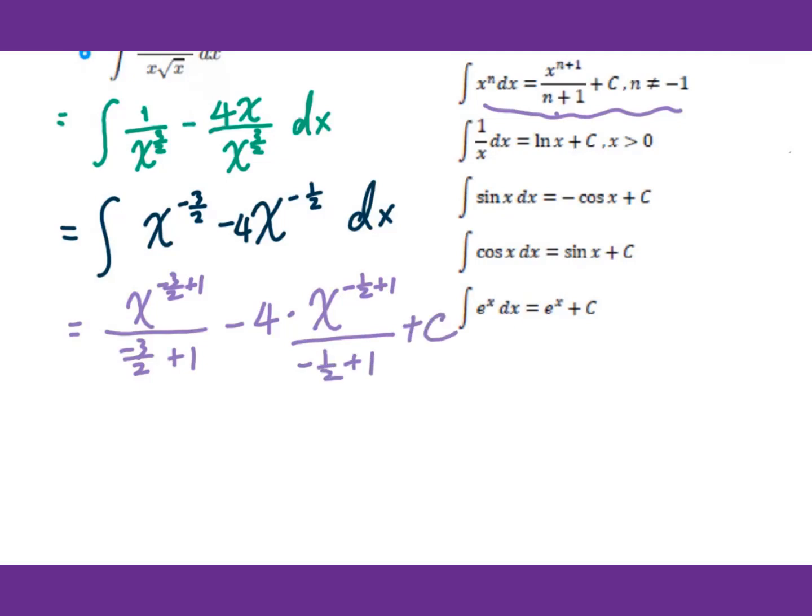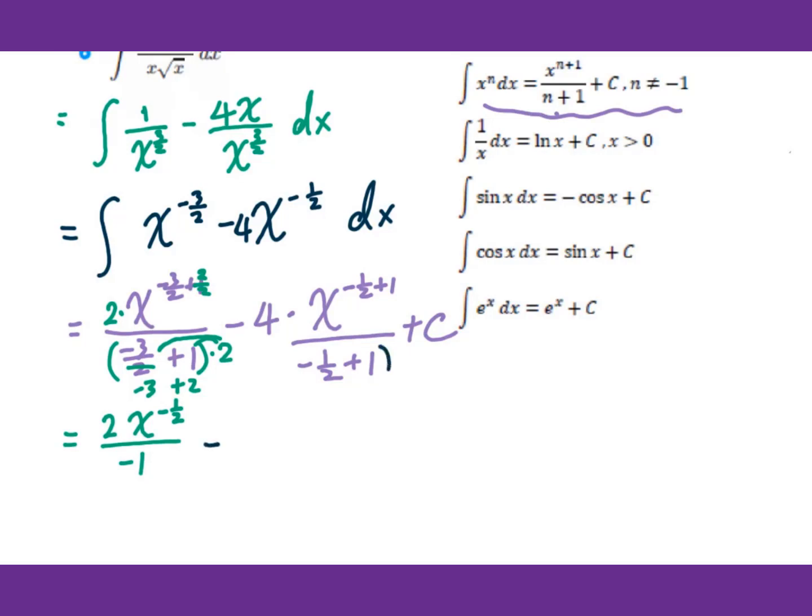Then plus c. We multiply by 2, top and bottom. So we do distributive property. You get negative 3 plus 2, so you get negative 1. Here's a 2 over 2. That is x to the negative 1/2 power.